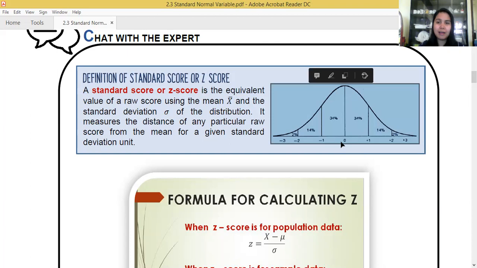Now, based from the average, what is your standing in the entrance examination? Or for some, they do it this way. We admit students only with a Z-score of -1 and above. Those who will be below -1, we will no longer admit.